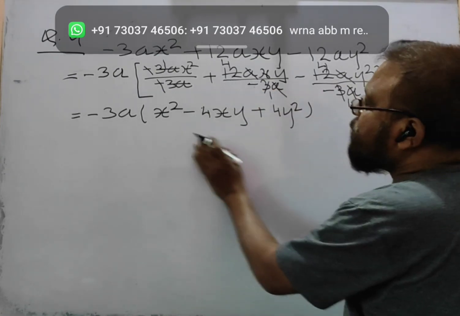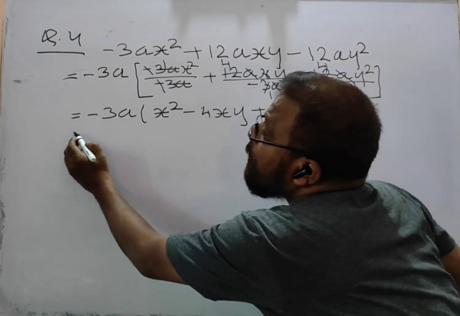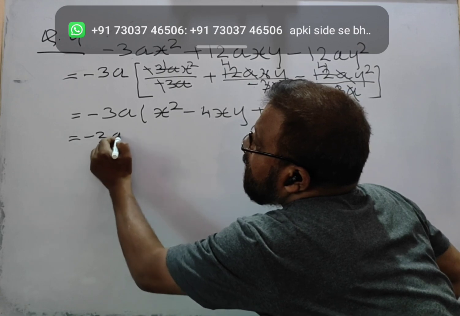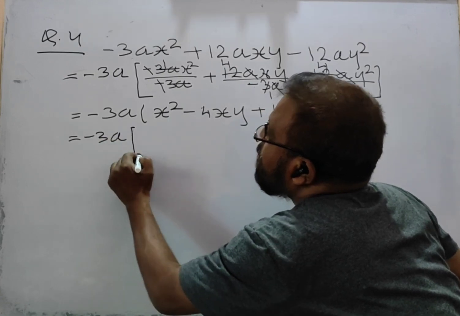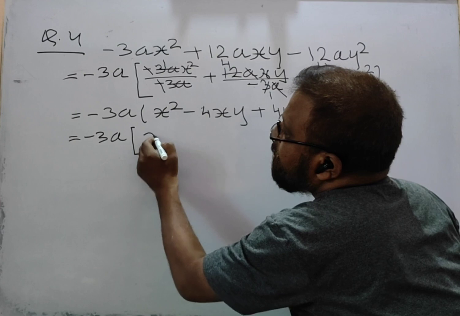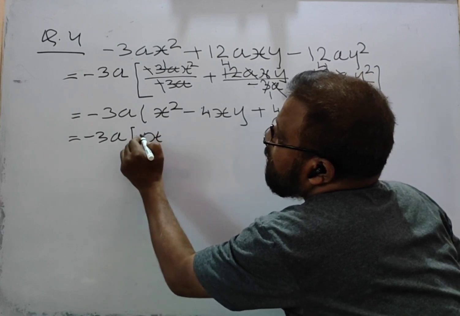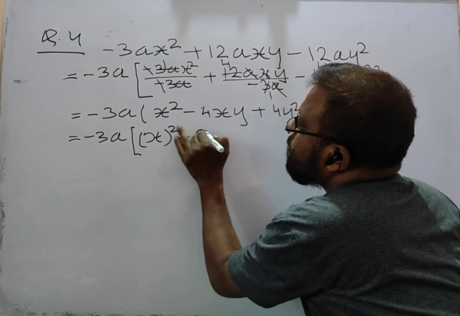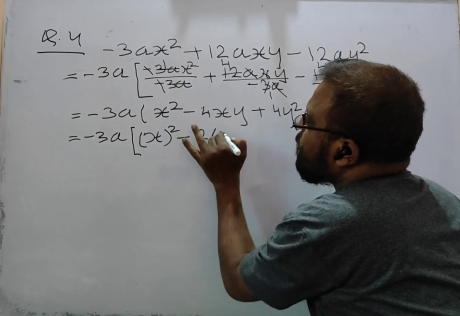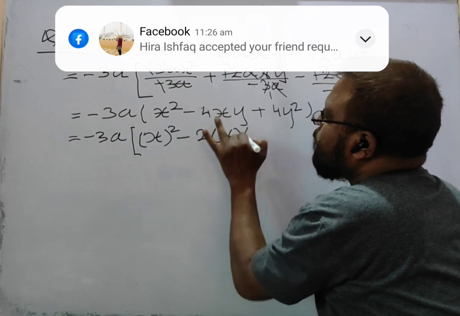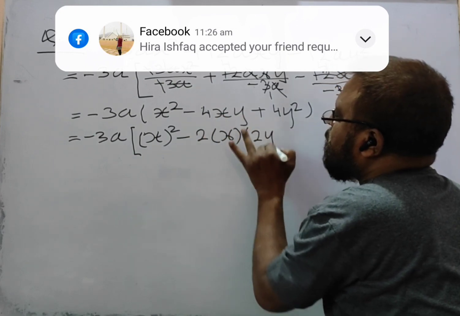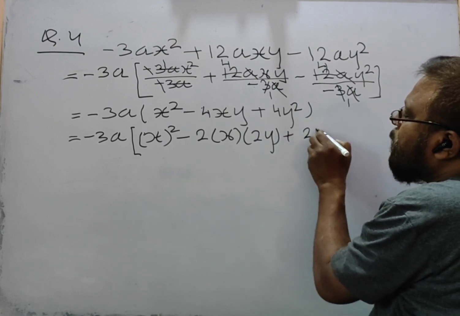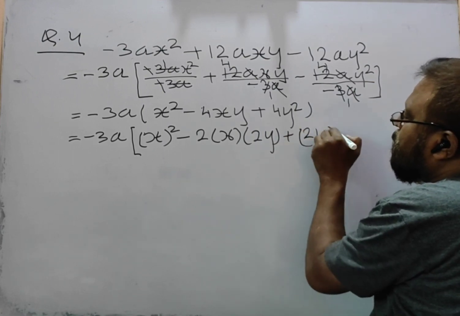So now we have the equation. Now we write minus 3a, right, bracket x whole square minus 2 into x into 2y plus 2y whole square, right?